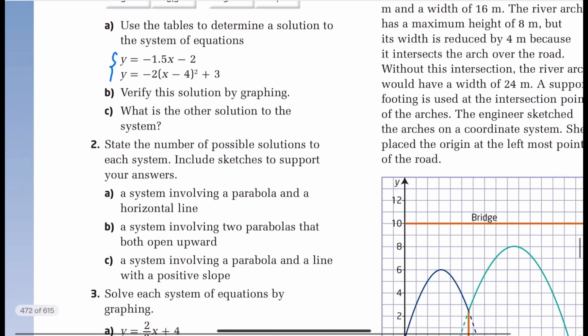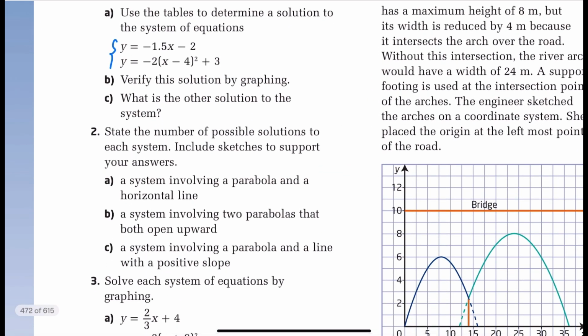So let's go back to our questions. For question number 2, state the number of possible solutions of each system. Include a sketch to support your answer. A is a system involving a parabola and a horizontal line.